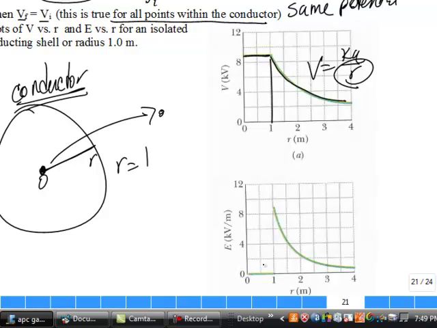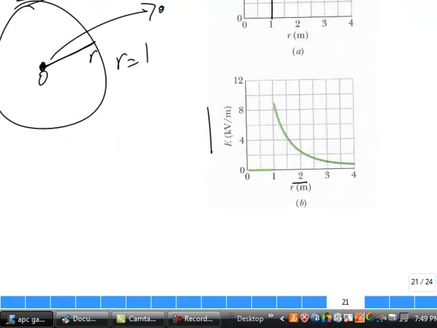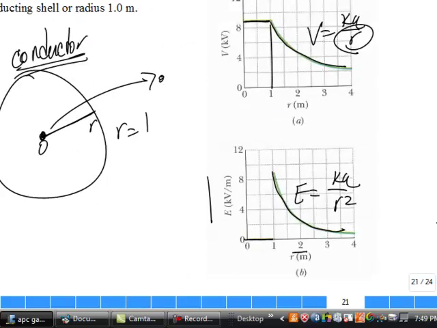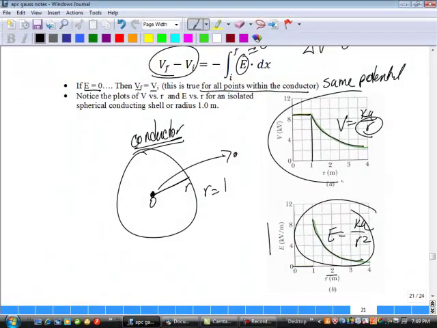Our electric field, though, if we plot the electric field as a function of r, you should know that the electric field inside of a conductor is zero. Once we reach that surface, the electric field is going to be at a maximum, and this electric field is proportional to kQ over r squared. You're going to work some free response problems doing that, and this is very important.